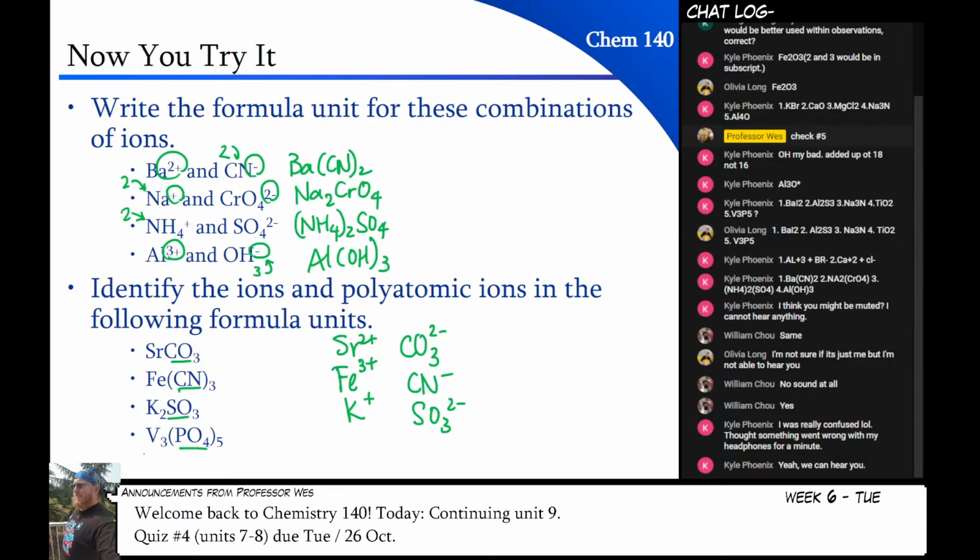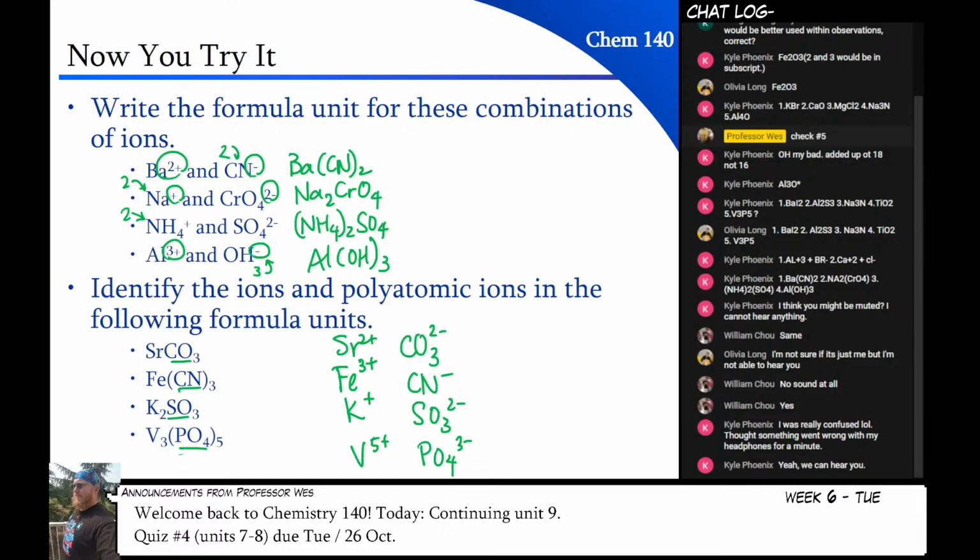This bottom one is actually quite difficult to do that. You really need to know what phosphate is, and phosphate has this 3- charge, and that will help you get to vanadium with a 5+. Vanadium often has a 5+ charge, it turns out, but not always. Just usually.